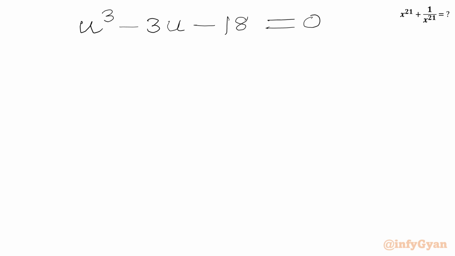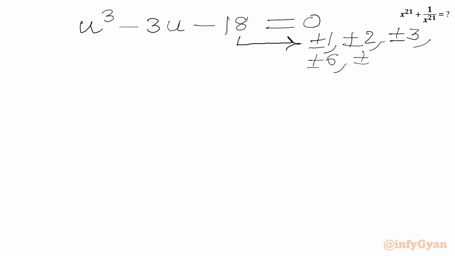Now this is one cubic equation and we are going to solve using the rational root theorem and synthetic division method. So let me write here the eligible factors of 18: plus minus 1, plus minus 2, plus minus 3, plus minus 6, plus minus 9, plus minus 18.